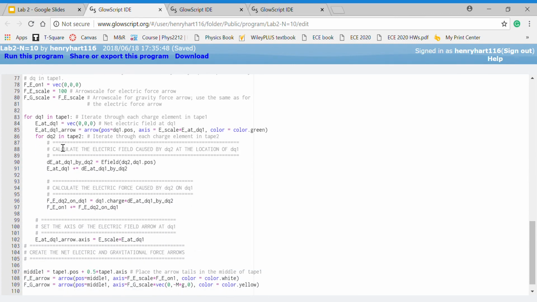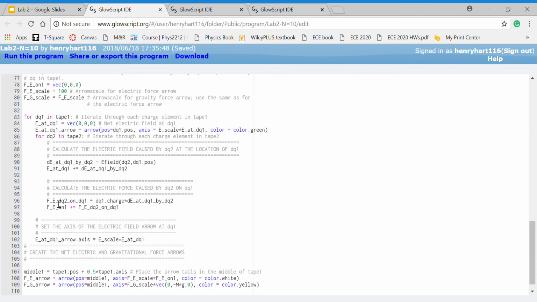So this function takes each point in tape 2 and iterates over each point in tape 1. And so for every point in tape 2, we calculate the electric field from that point on each point in tape 1. We add up all the points in tape 2 affecting the electric field on one point in tape 1 to give us this E at dq1.